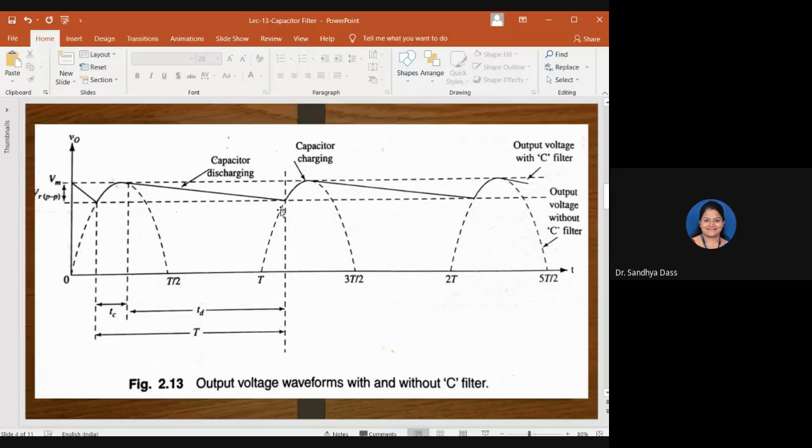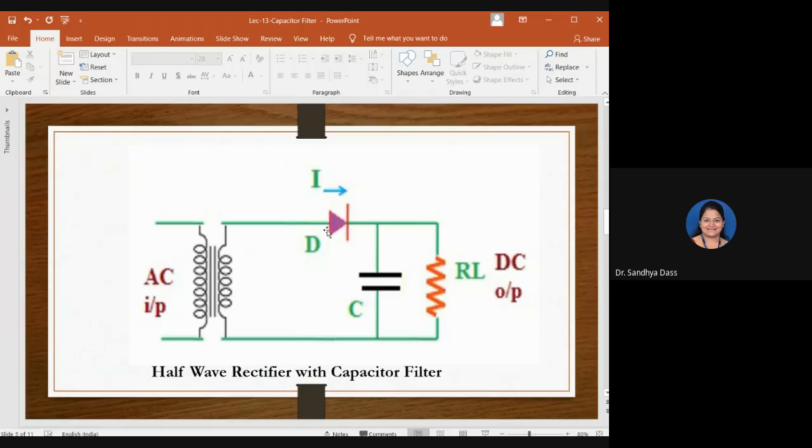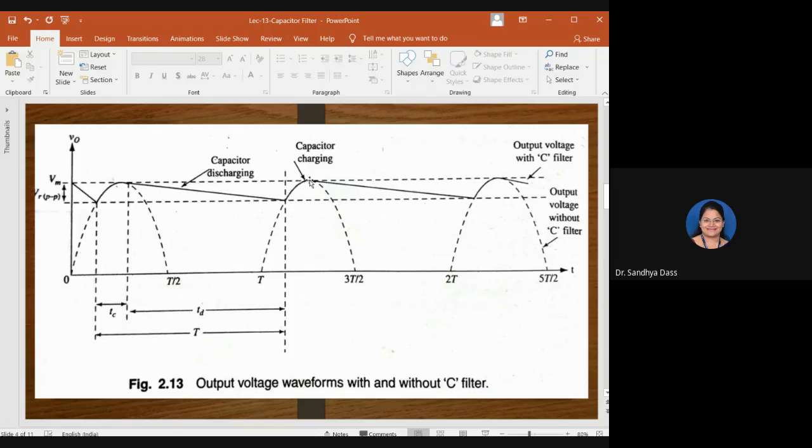Meanwhile, in the next cycle, when the input voltage is increasing and crosses the voltage across the capacitor, the diode is now forward biased, because the voltage across this point is now less compared to the input voltage. That is when again the capacitor will start charging to the maximum value.